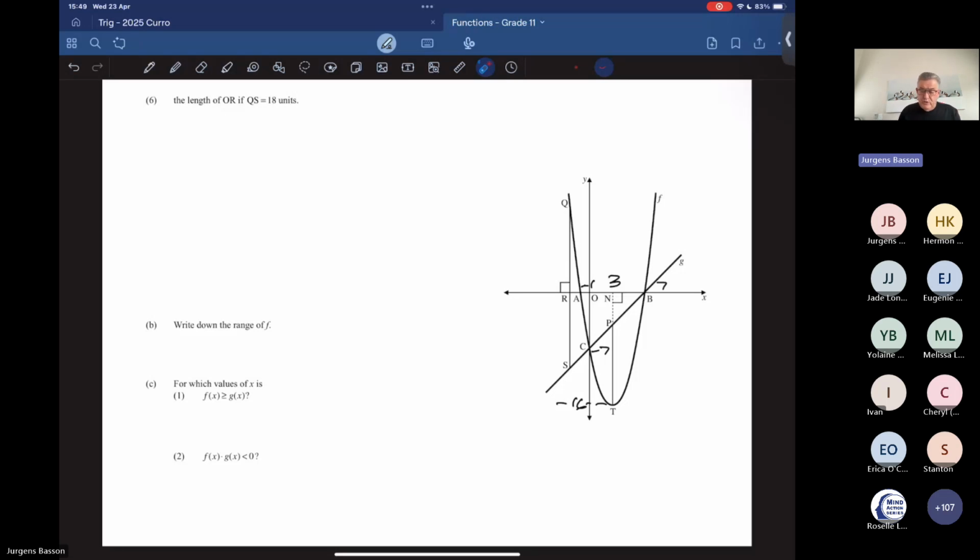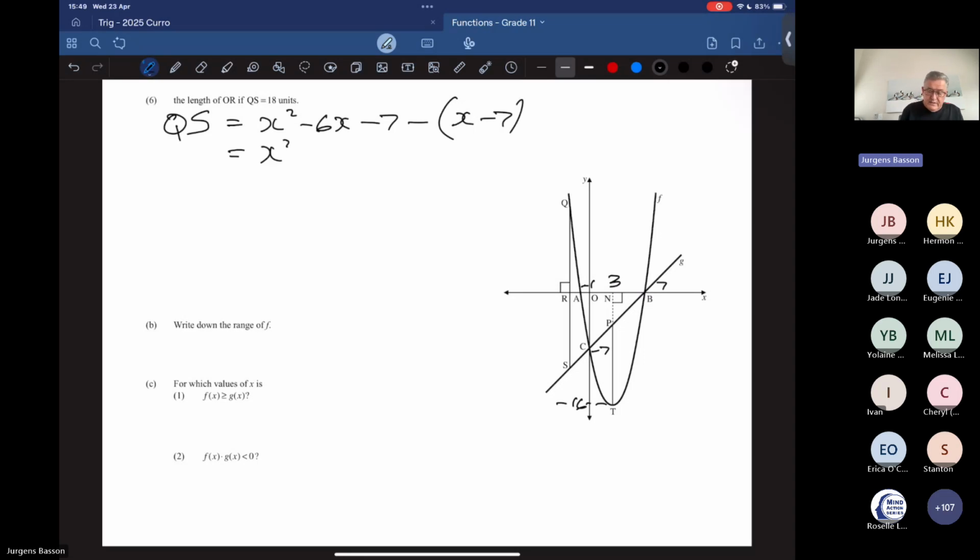A distance between two graphs, always we subtract them. So to find the length of QS, because it's given to us as 18, we must also say it is the parabola, which is x squared minus 6x, I think, minus 7, and we subtract the straight line, which was x minus 7.